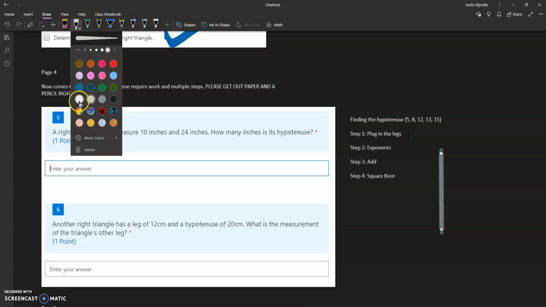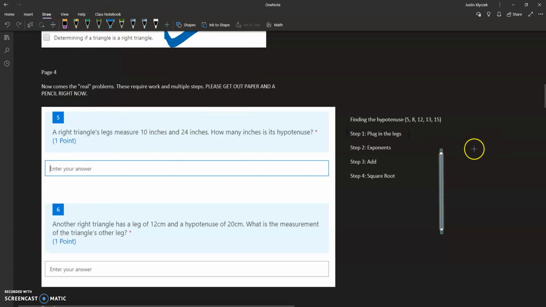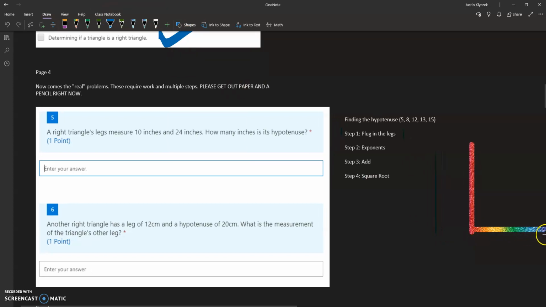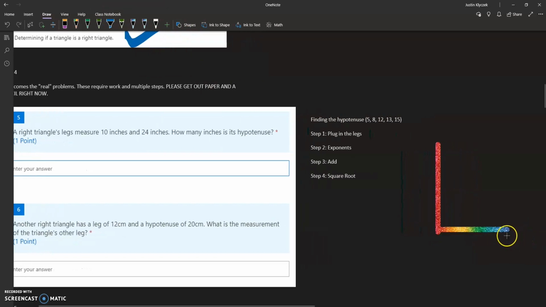Let's go thick. Ooh, let's use rainbow. Why not? All right. That's not rainbow. Oh yeah, it is. It's rainbow that way. I see. Fancy.